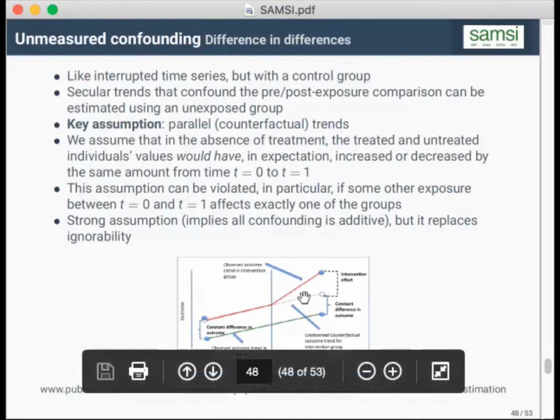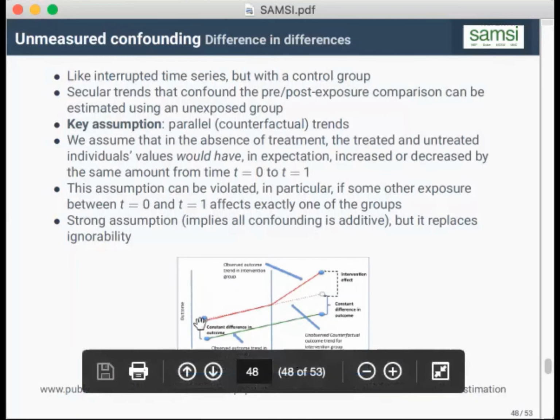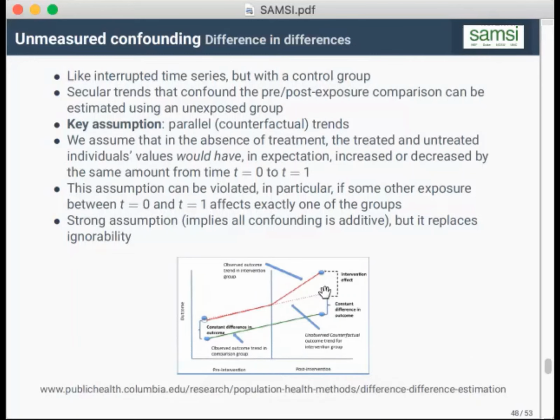The red line was increasing even before the intervention, and under the parallel trend assumption would have continued to increase in a way that continues to parallel the green line. And so the true effect is this naive estimate, taking this and subtracting off this. That's the naive estimate minus the component of that that's due to the secular trend.